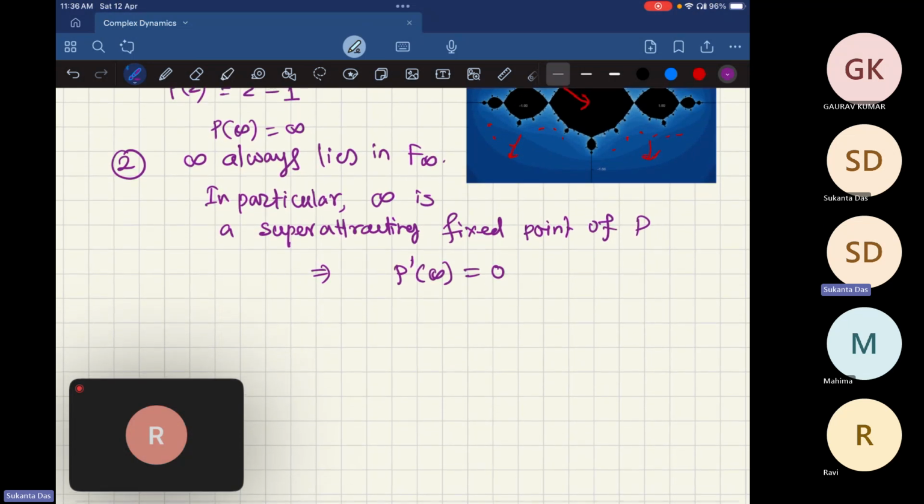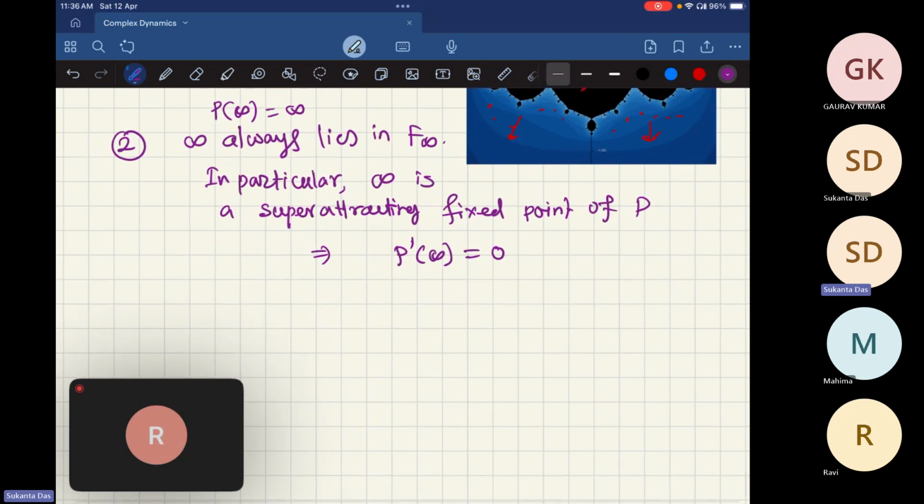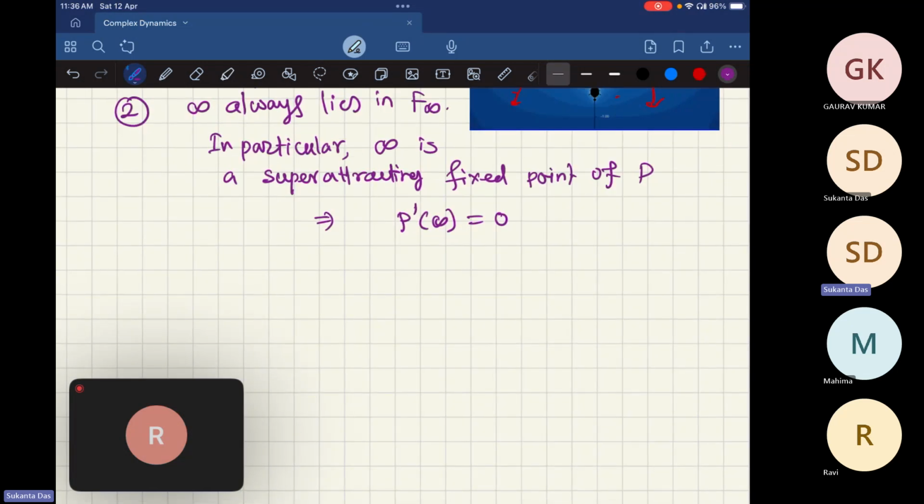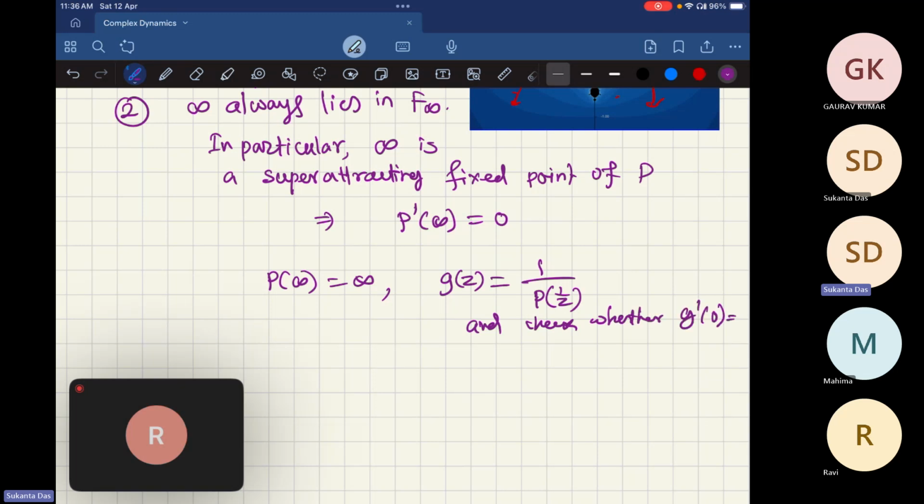So now the question is how to check the derivative of the polynomial at the point infinity. It is an easy consequence to check this: whenever I am talking about infinity and playing with infinity, to check the derivative at infinity, it is enough to take care of this function p of 1 by z and check whether g dash 0 equals 0 or not.